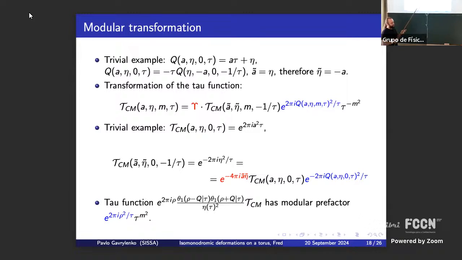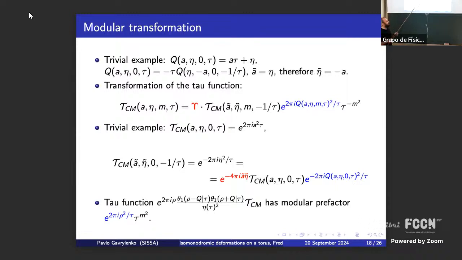But if you compute the dual tau function, momentum and coordinate will be exchanged, and we should get e to the 2 pi i eta squared, now divided by tau, because it was mapped tau to minus 1 over tau. And this strange transformation between coordinate and momentum is achieved precisely by this non-trivial tau-dependent factor. So this tau function behaves really strange.